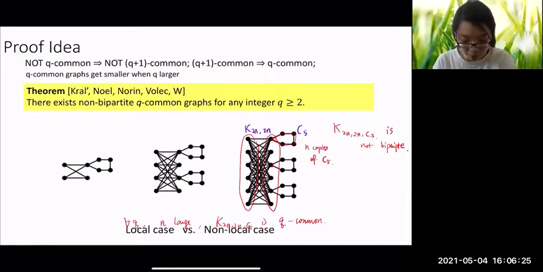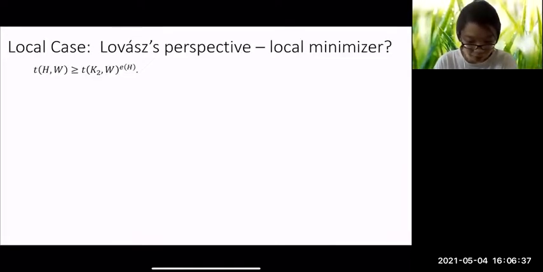And in the proof, we will use the local case versus the non-local case, which probably doesn't make too much sense here, but it'll be clear soon. The local case was motivated by Lovász's perspective when he was studying Sidorenko's conjecture, which asks whether t(H,W) is at least t(K2,W) to the power e(H) when H is bipartite.